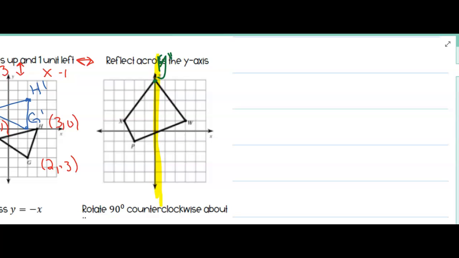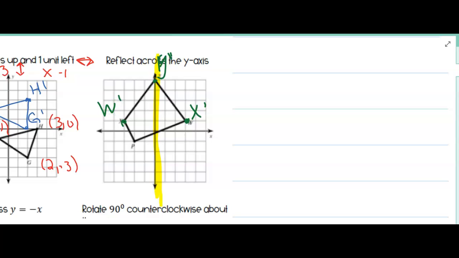Now, I think probably the easiest way to do this, if we had x right here and we wanted to plot x prime, if x is 3 units from the line of reflection, x prime is also going to be 3 units in the other direction from the line of reflection. So I think that's probably going to be the easiest thing to do. Notice W is 3 units, so if I go 3 units back the other direction, W prime will be right here.